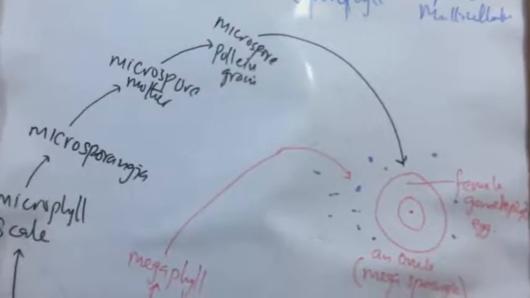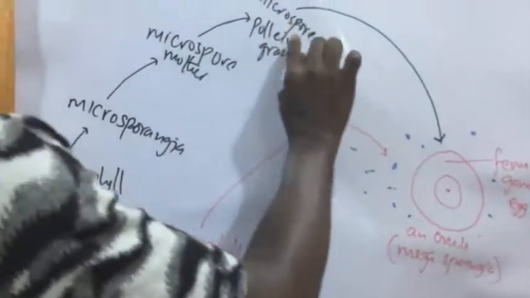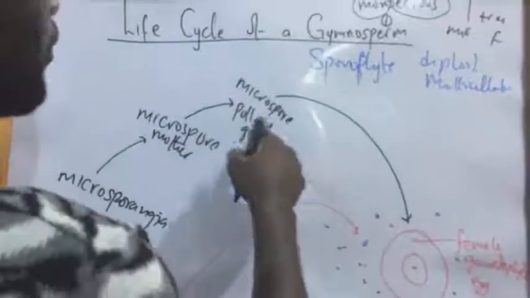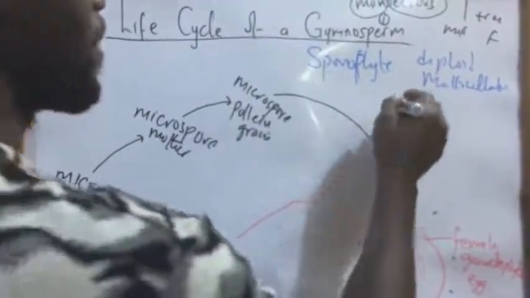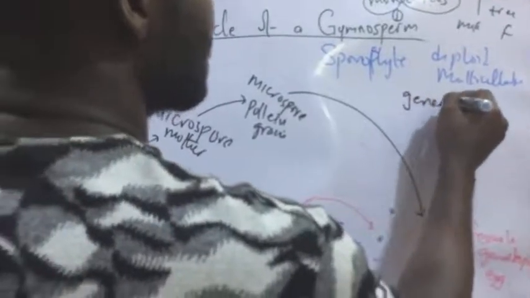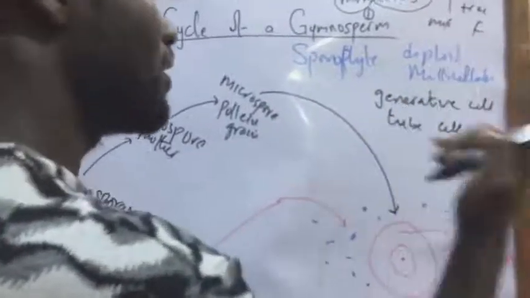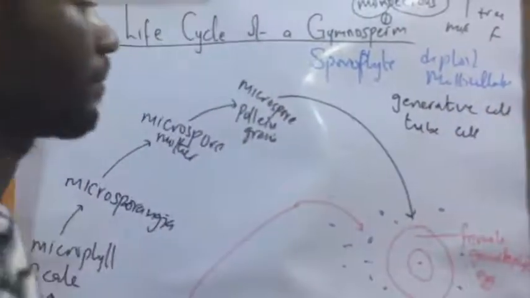One of the pollen grains has 4 cells. One is a generative cell, and the other one is called the tube cell. The other two degenerate, they are not useful. We call them non-functional cells. The generative cell and tube cell are called functional cells.